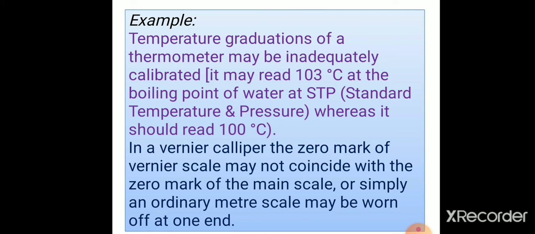Another example is in a vernier caliper, the zero mark of the vernier scale may not coincide with the zero mark of the main scale, or simply an ordinary meter scale may be worn off at one end. Vernier caliper and screw gauge we will be dealing with in the laboratory sessions. Just understand the concept of vernier caliper and screw gauge.